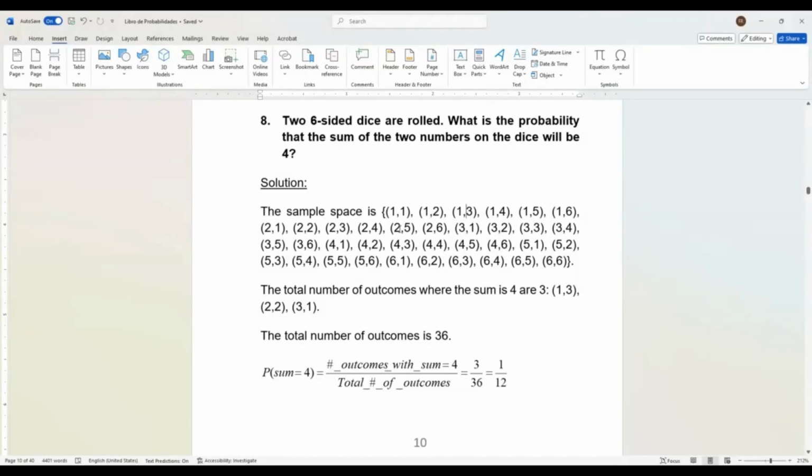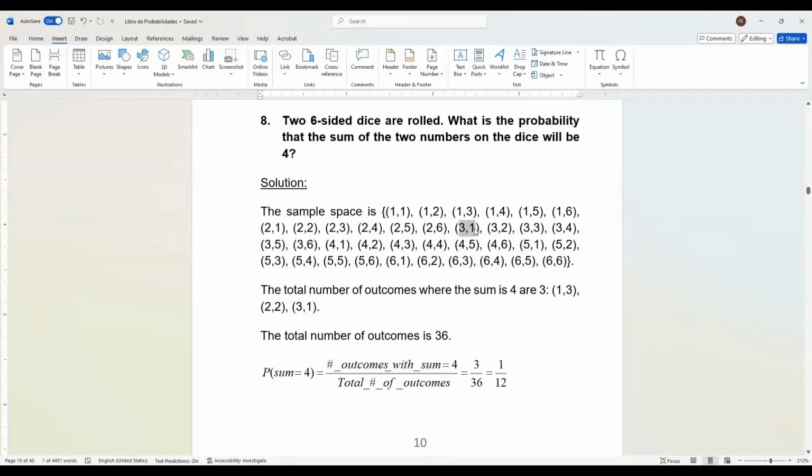So how many of all these 36 outcomes have a sum of the two numbers on the dice equal to 4? Well, we have this one, that is 1 and 3. We have this one, 2 and 2. It also gives you 4. And you have this other, that is 3 and 1.